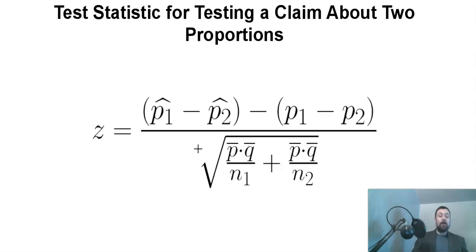It's a complicated formula. Now remember, p-hat means sample proportion, but we have two samples, so we have to distinguish between those, and we do that by using subscripts. So a subscript of 1 means this sample proportion is from the first population, and subscript 2 means that this sample proportion is the sample from the second population.